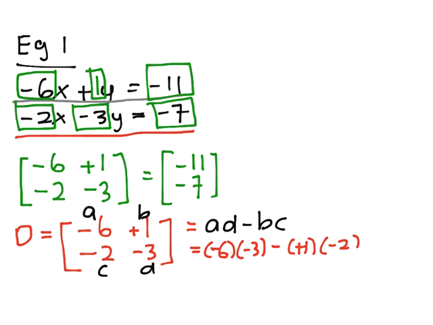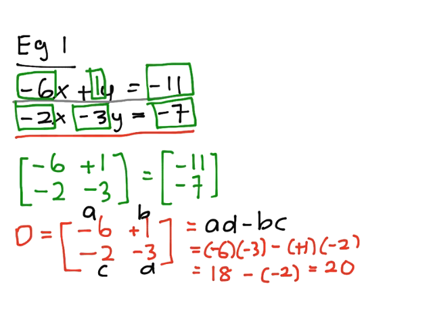So -6 multiplied by -3 is 18, minus 1 multiplied by -2, which is -2. So our value for D will be 20.